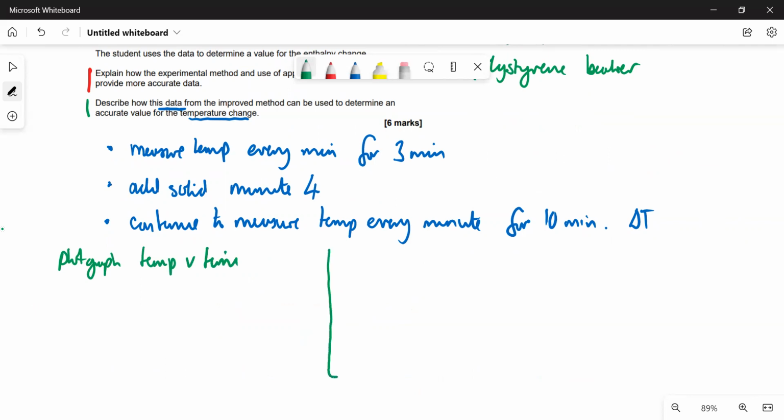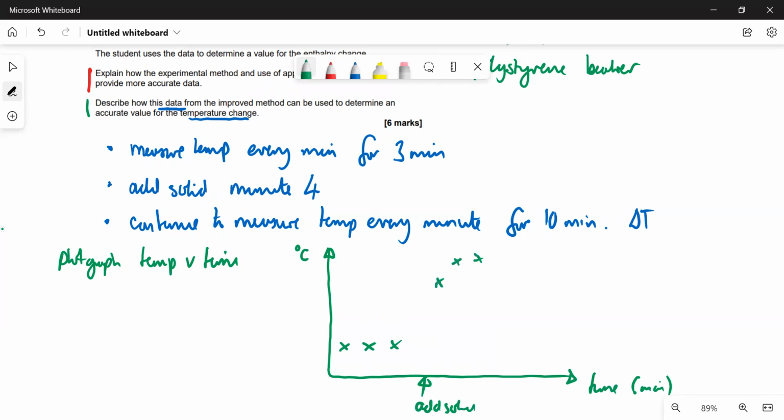Okay, so here's our graph. Temperature, and this is time in minutes. And you should plot, okay, this is where you're going to add the solid. That's 4 minutes there. And the temperature is going to do something like this. It goes up, and then it starts dropping, and it's dropping because it's cooling down.